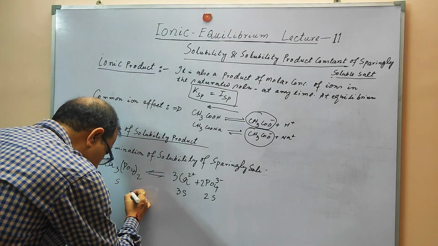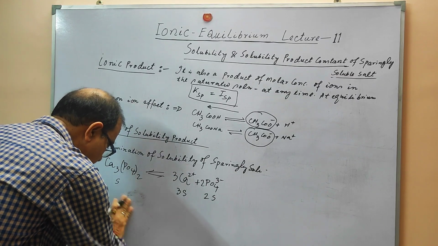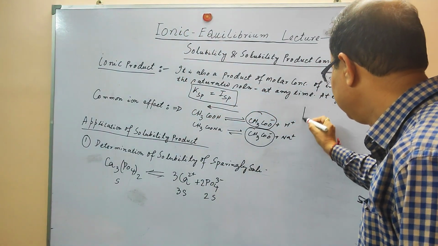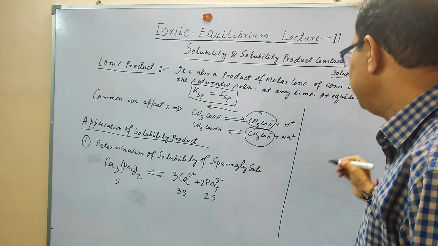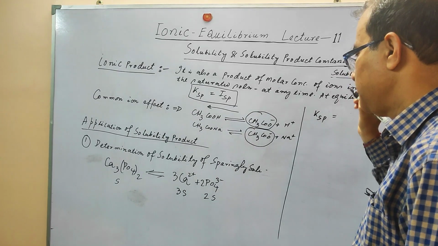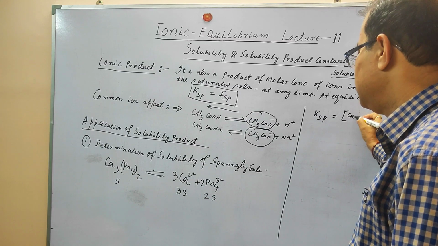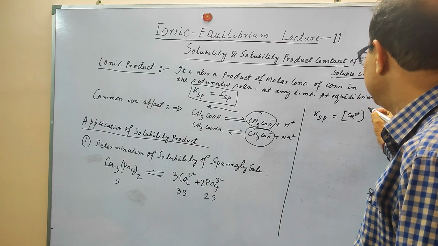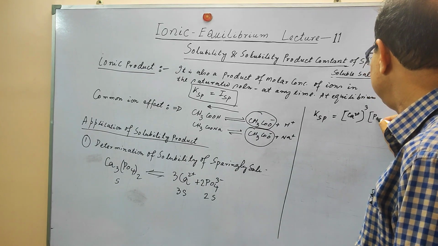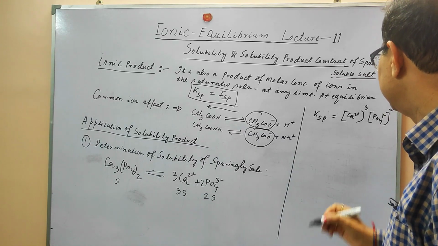So what is the solubility product? We know that Ksp is given by the concentration of Ca2+ ion whole cube into PO4 3- that is whole square.